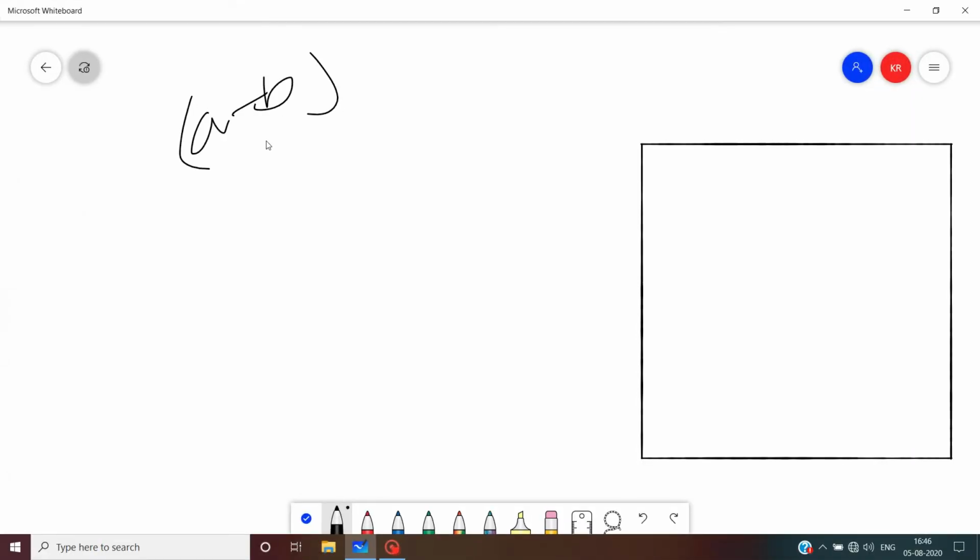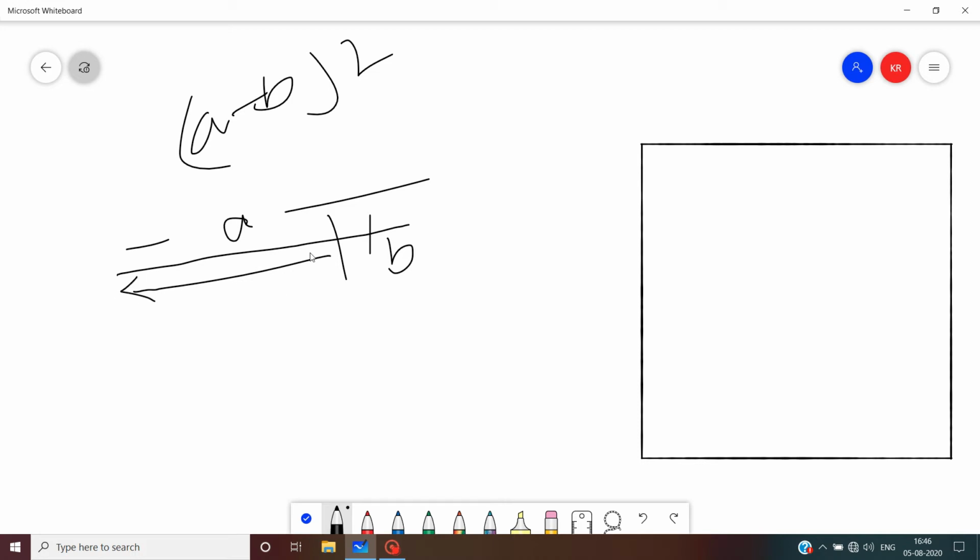What it really means is, if a line with length a is cut, or separated, by length b, then with the remaining part it forms a square.